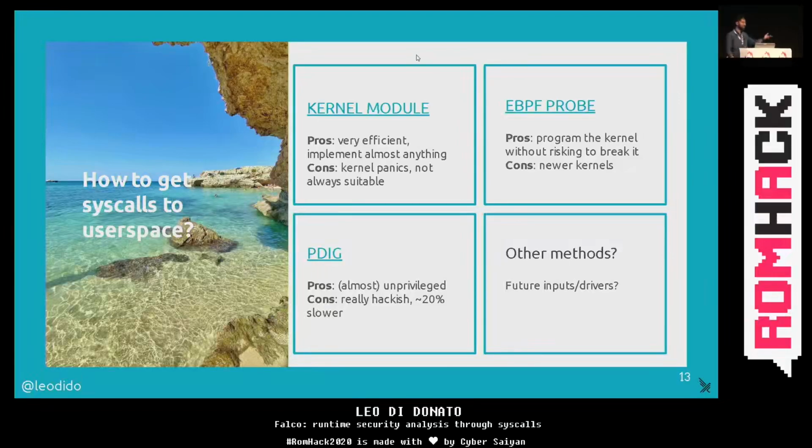And maybe you also need to tell them they need to compile the kernel module because they have that kernel release, blah, blah, blah. It's not always suitable as a solution, also because in some environments like banks, kernel modules are not trusted. Loading kernel modules is usually not allowed.